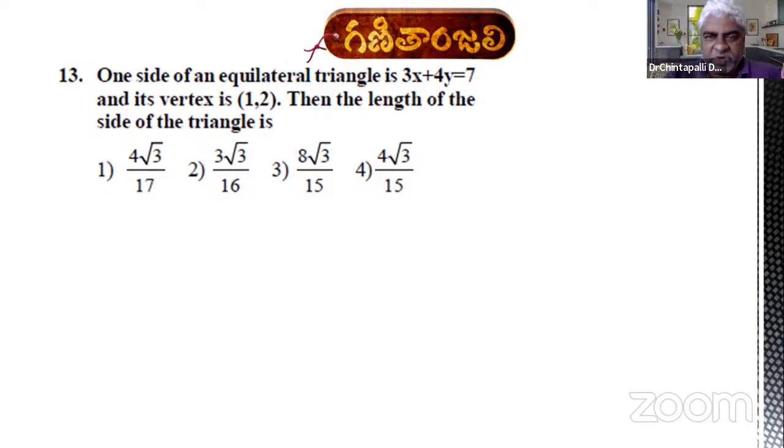First, before starting the sum, let's have some basic points regarding an equilateral triangle. An equilateral triangle has 3 equal sides.